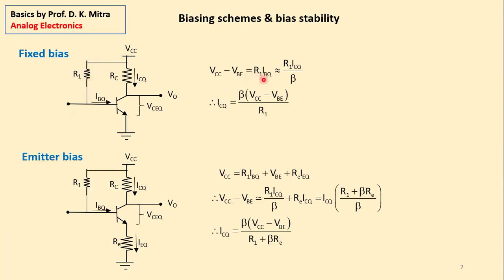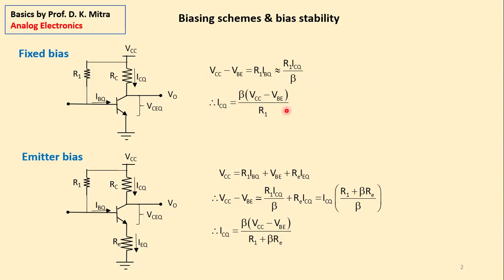IBQ is approximately equal to ICQ by beta, because ICQ is equal to beta IBQ plus ICBO, that is the reverse current through the base collector junction. If you ignore that, then this equation holds good, R1 ICQ by beta. So what is ICQ? ICQ is VCC minus VBE multiplied by beta divided by R1. So this is ICQ.